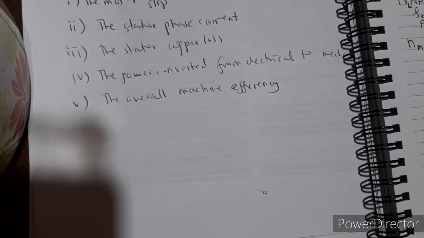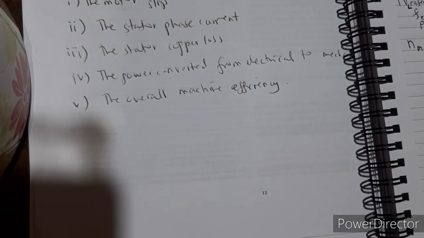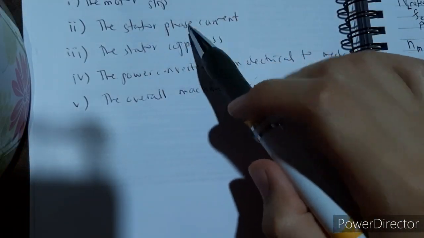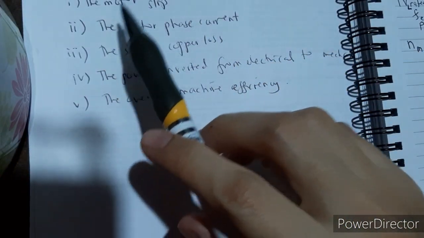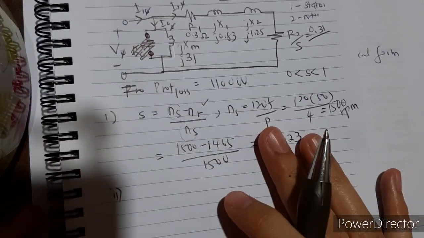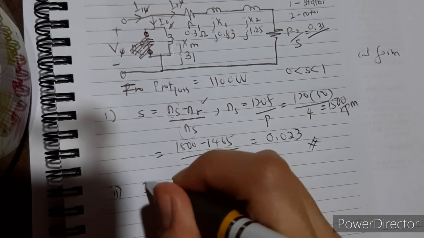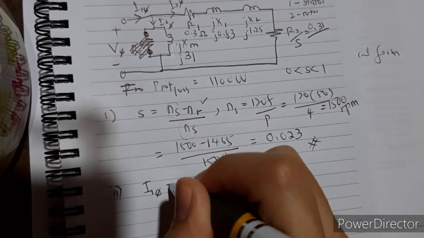Number 2. The stator phase current. Actually in the slides, I'm not sure, I think it's not stated as phase current. The question only states the stator current. Okay, first, stator, we know that I1 phase is your stator phase current, right?